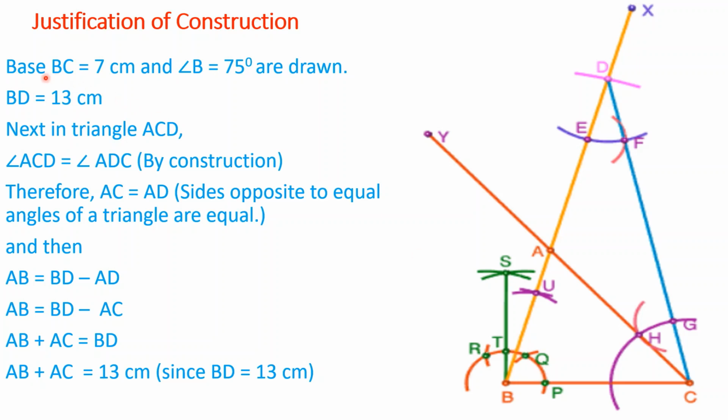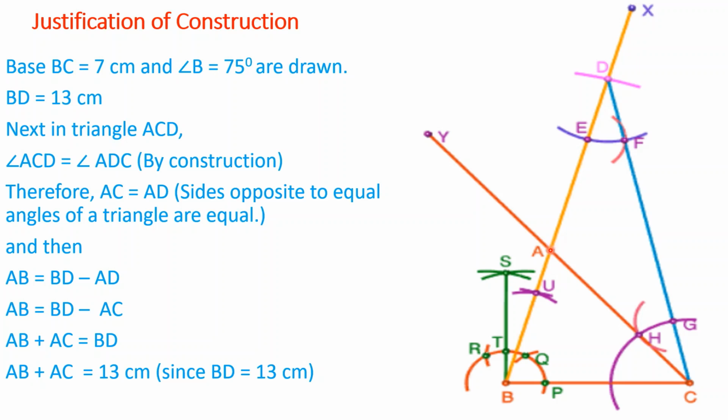So see here, it is written base BC is 7 cm and angle B equals 75 degree are drawn. Also BD we have cut, that is 13 cm, because it was given AB plus AC, sum of two other sides, is 13 cm. So we have cut BD equal 13 cm.